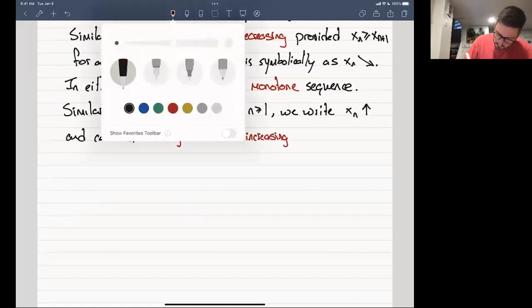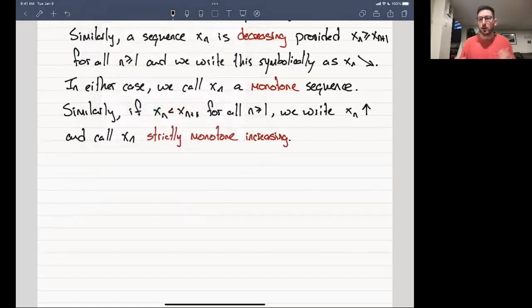The strictly, again, comes from the strict inequality. And of course, we're going to round this off. We're going to do the same thing for decreasing.